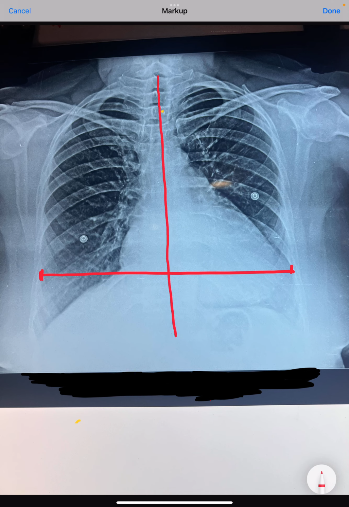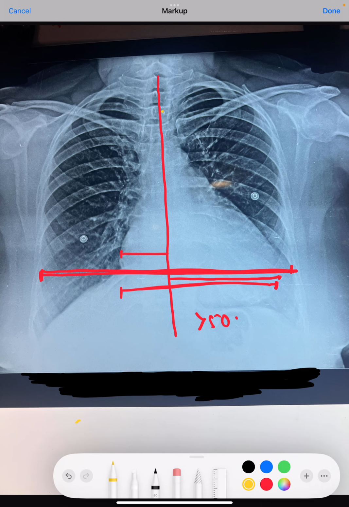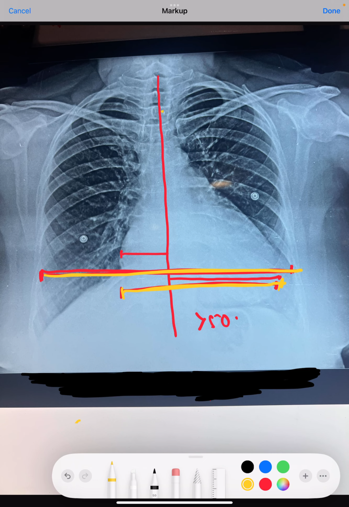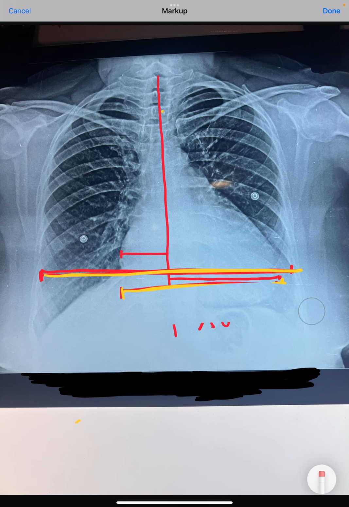So this is the midline. You take from here to here and from here to here. It is almost like this much, which is definitely more than 50% of this diameter. So this is definitely cardiomegaly.